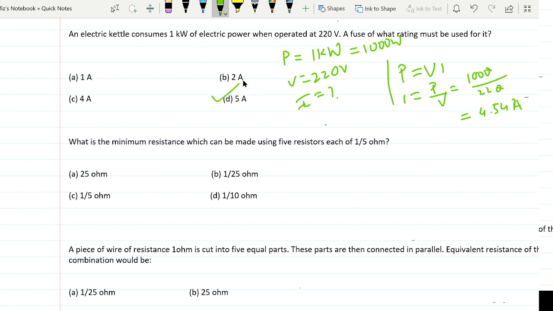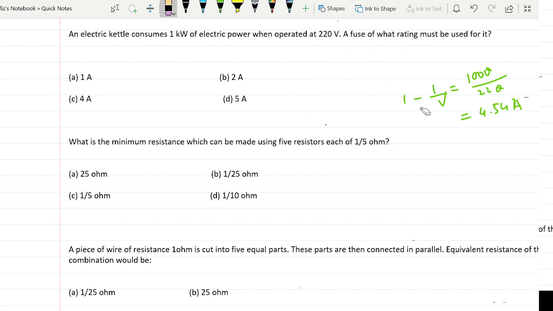It's option D, because you cannot use a fuse of 4 ampere, since a current of more than 4 ampere, if it flows, the fuse will blow off. That is why we have to install a fuse of 5 ampere in the circuit. So this was all about this question, and now moving on to the next question.